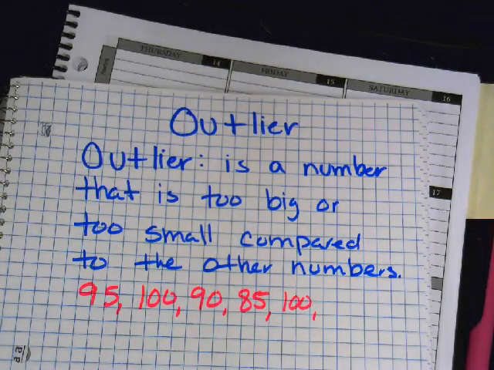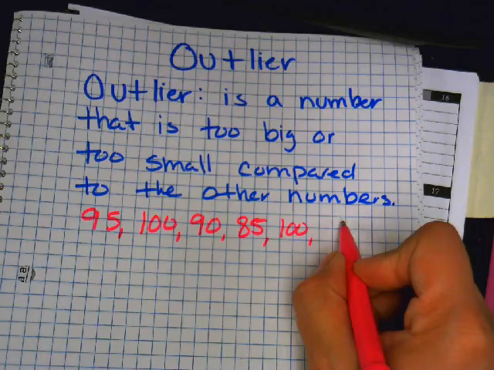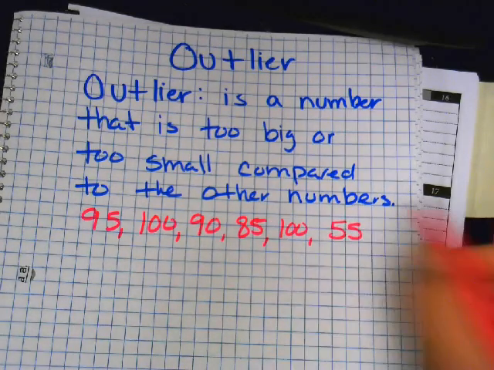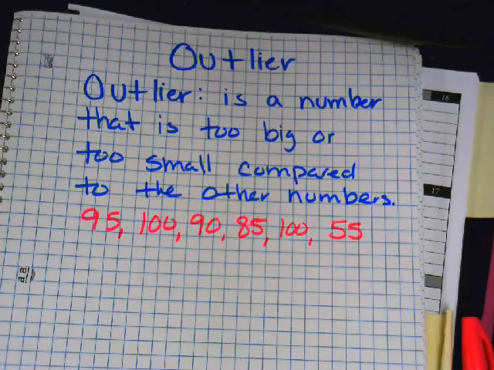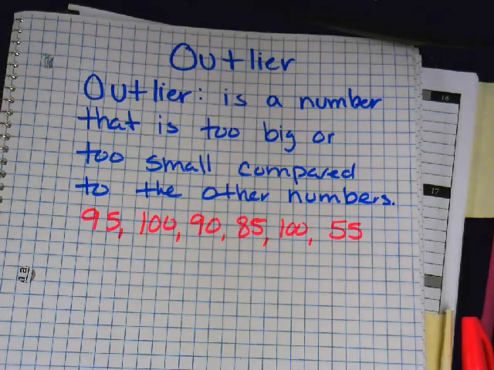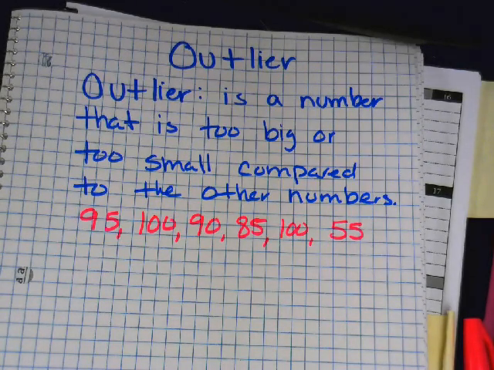And then you came in super sick and you got, like, a 55 on the test because you came in super sick. Right? So, if I look at your grades on your test, is there an outlier? Yeah. 55 doesn't seem like the test scores you would get. You were like, wait a minute, you're a really good student, you're scoring really high, and all of a sudden you get a 55 on this test. What happened? It's an outlier.